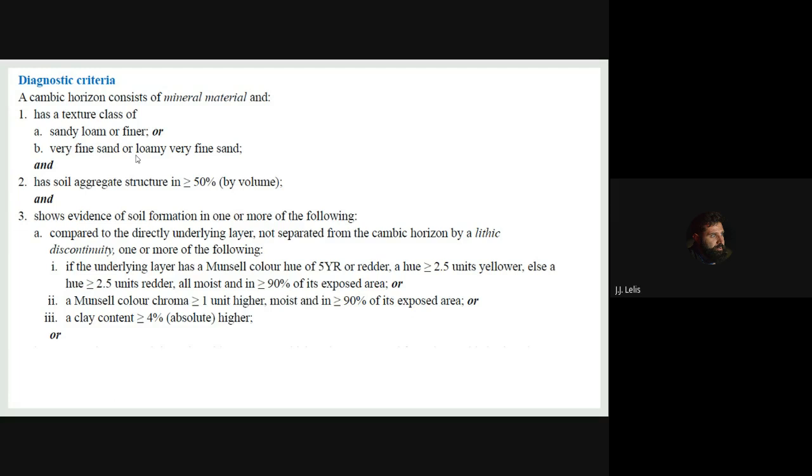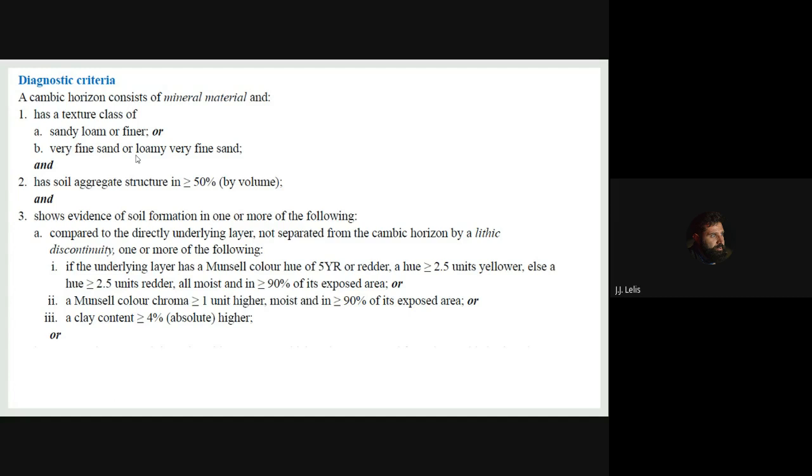But to produce this kind of horizon, it should possess a high content of very fine sand, because very fine sand helps in producing peds, or aggregates. If we have a high content of coarse sand, we usually can't see any kind of structure, so we can't see any kind of cambic horizon, okay?